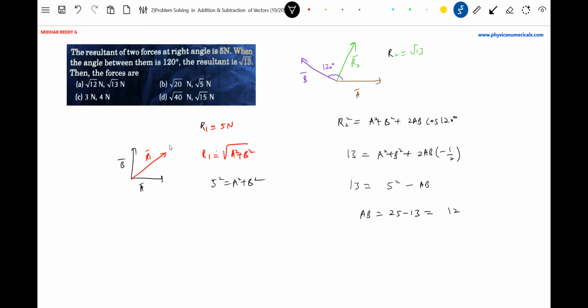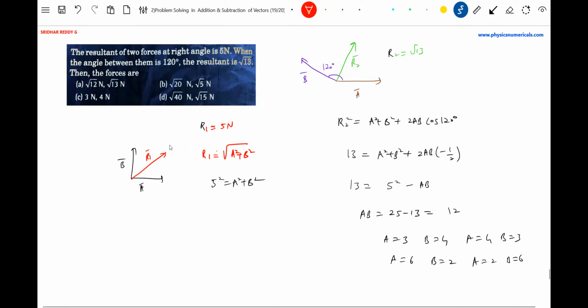So what are the values I can take? A equal to 3, B equal to 4, A equal to 6, B equal to 2, or A equal to 4, B equal to 3. I think these are all possible options. We can do other things. So I think one of the options will satisfy.